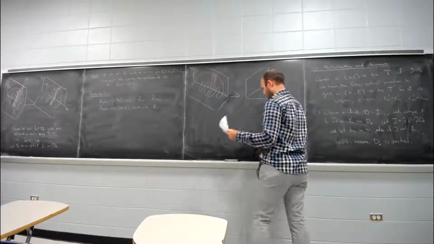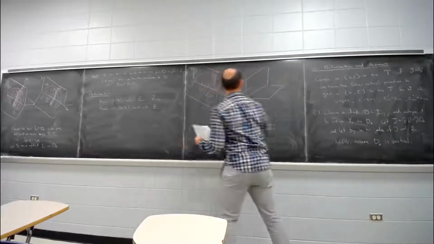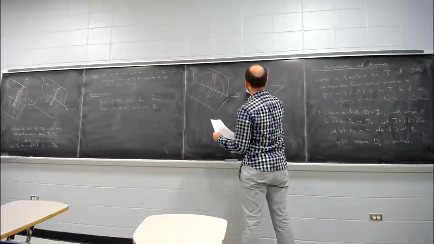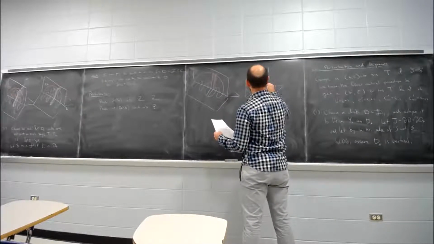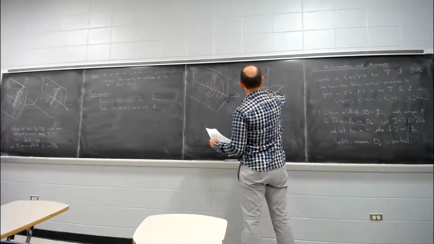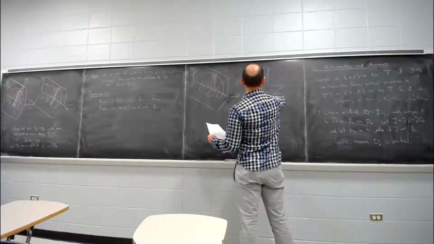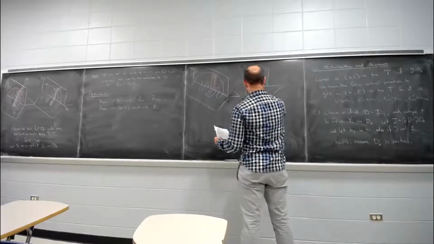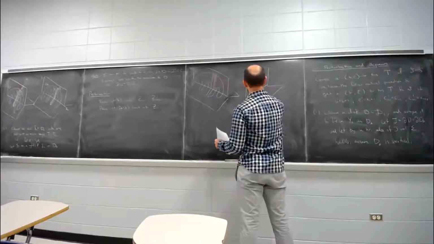So the back, before we did anything, I'll just draw a local picture of the back. Something like this. No, that's not very clear. Might as well draw the whole thing.